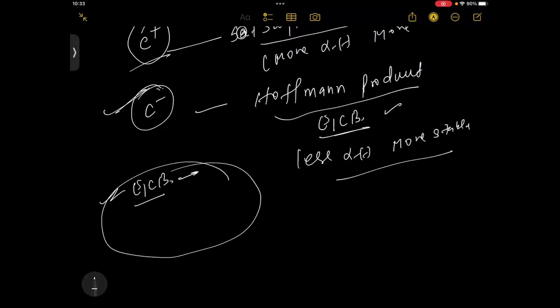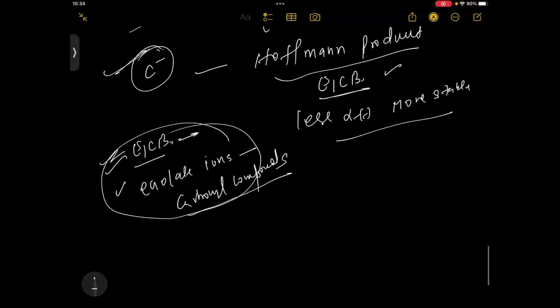So in acid catalysis, dehydration takes place through the E1 mechanism, and that time we get the Saytzeff product. In the base mechanism, we use E1CB, where fewer alpha hydrogens is more stable. Second, enolate ions attack carbonyl compounds. Two things you can observe from this whole logic.